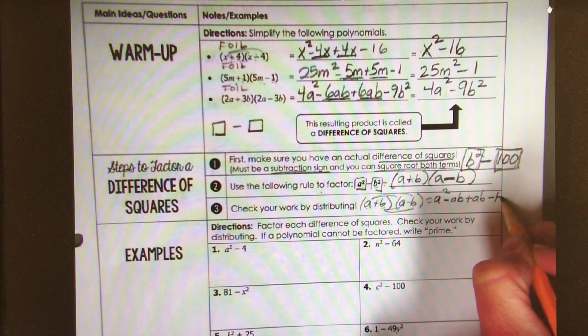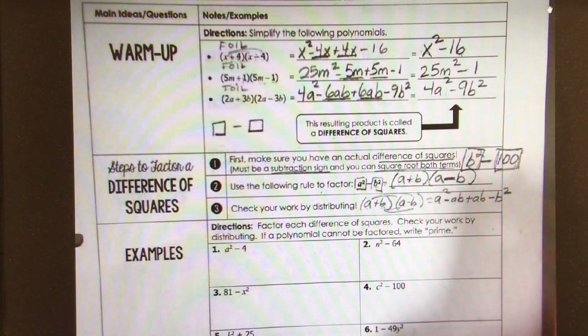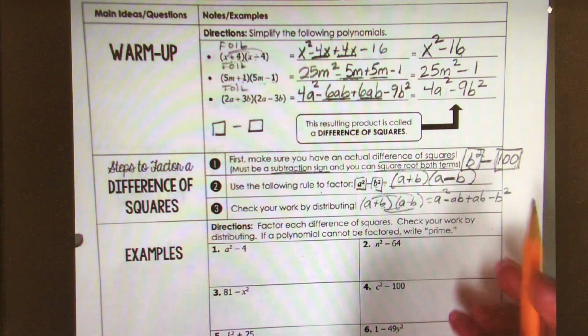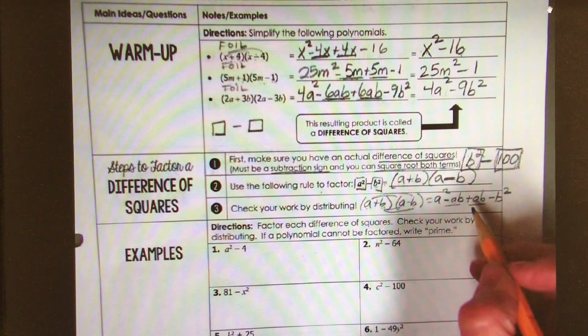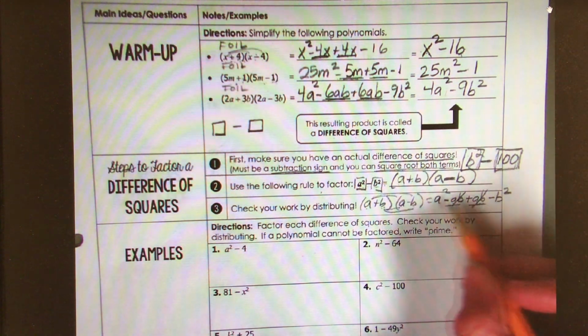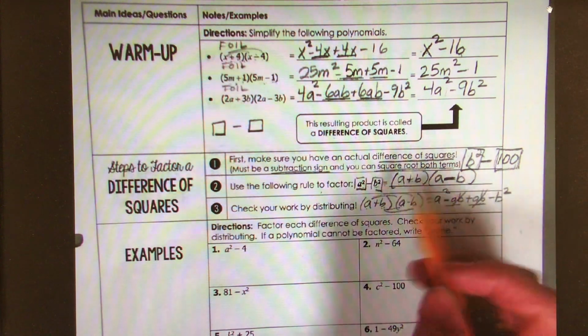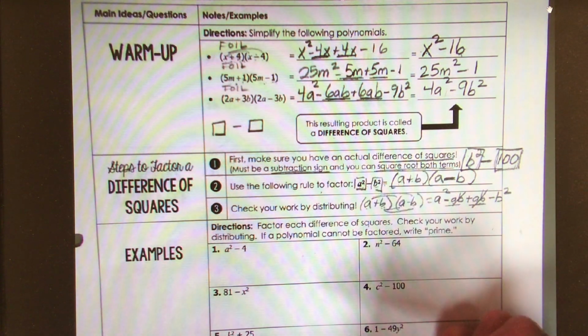Minus b squared. So let's see. Now what should happen in the middle is that I have these like terms, and they should be opposite. They're going to cancel each other out, and I'm left with a squared minus b squared, which matches our original problem. Okay. So let's go for it.